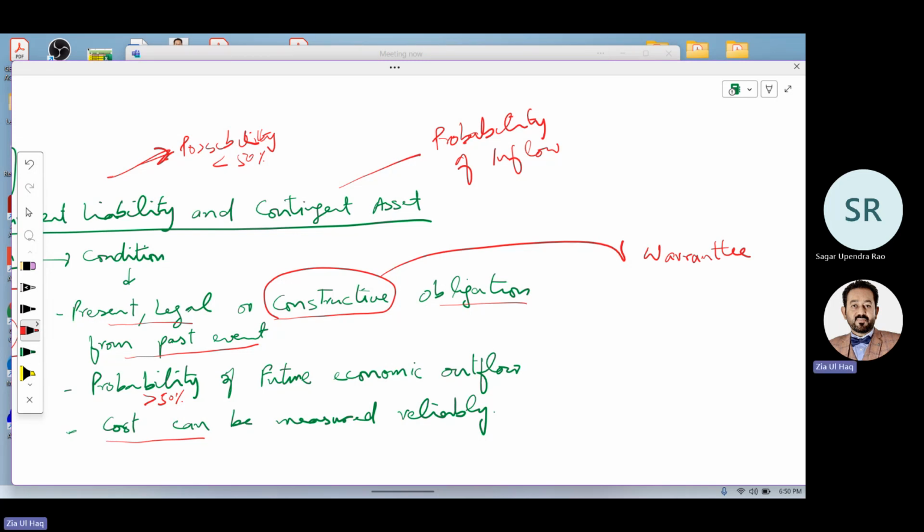If you are providing a warranty against your product, there are chances you will face some warranty claims, and you have to make payment against those claims. There are chances of future payments. In that case, you have to create a warranty provision in the financial statement. This is a constructive obligation. This is not imposed; this is based on your action. You have created this warranty, so there should be a provision.